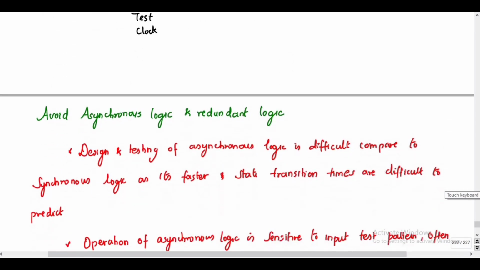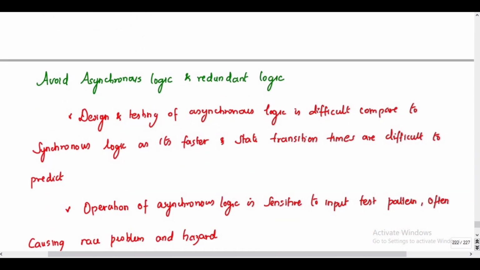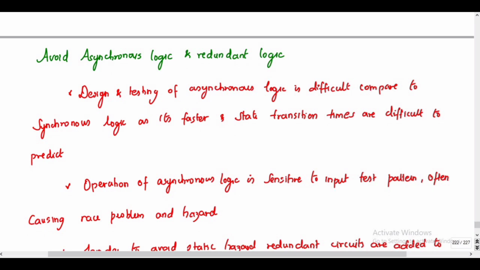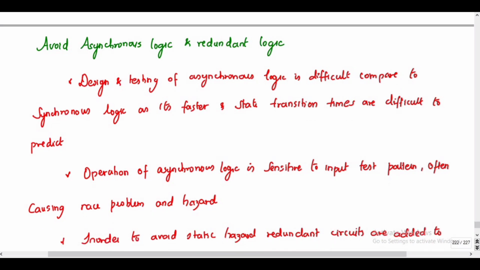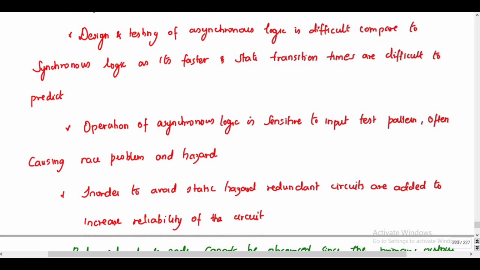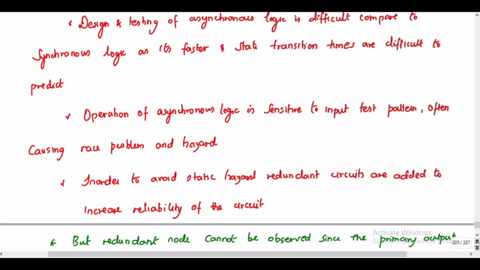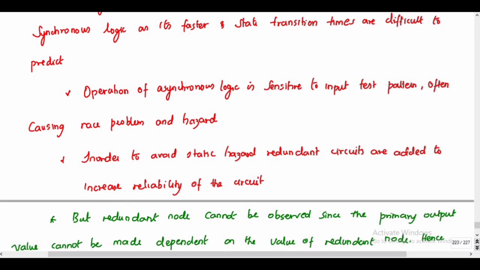Next one is avoiding asynchronous logic and redundant logic. The design and testing of asynchronous logic is more difficult compared to synchronous logic, because asynchronous logic is faster and difficult to design, and the state transitions are difficult to predict. The operation of asynchronous logic is also sensitive to the input test pattern, and it often creates race problems and hazards.